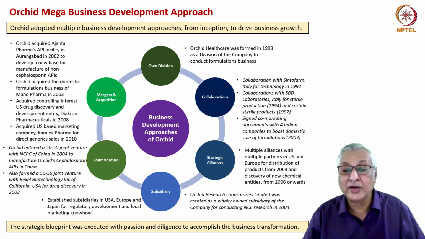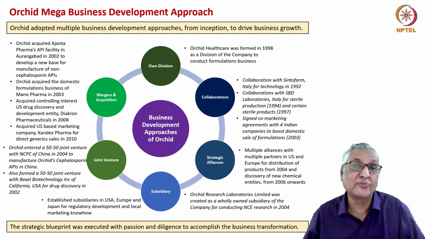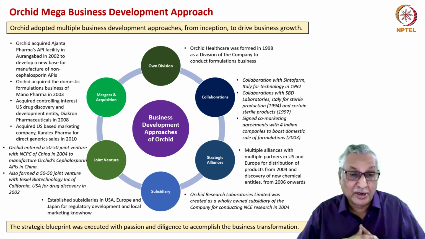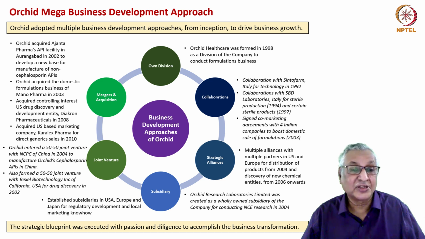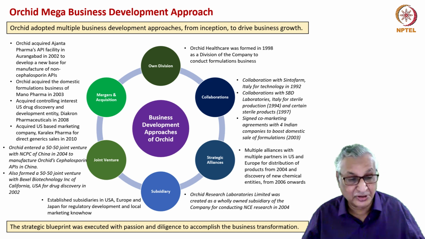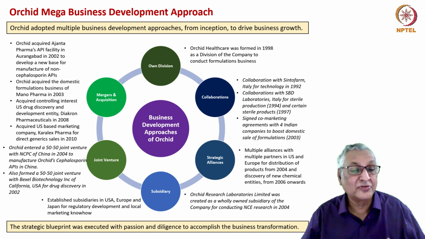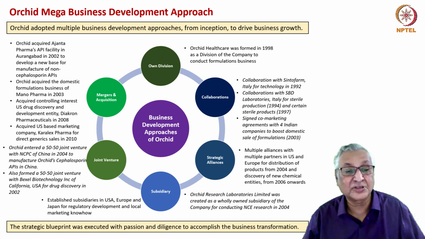Then embark upon a number of strategic alliances with both generic companies as well as the big pharma as the product canvas as well as the business canvas expanded. Setting up the joint ventures in China, a 50-50 joint venture with NCPC of China and a 50-50 joint venture with Bexel Biotechnology for drug discovery.